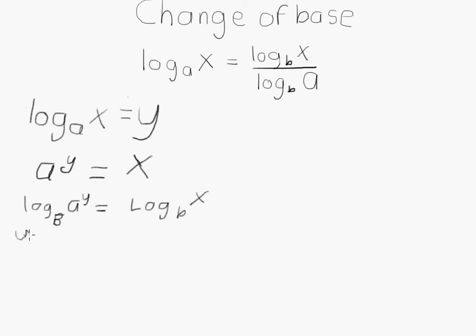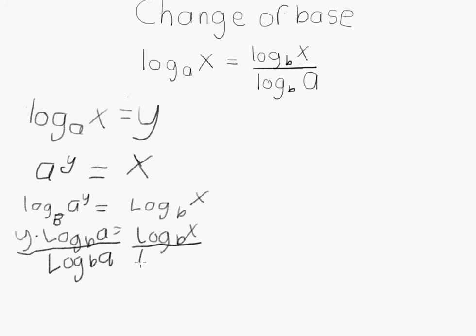So I'm going to bring the y out in the front, and that is y times log base b of a equals log base b of x. I'm having a hard time writing right now. Now when I isolate for y, we can see that it's multiplied by log base b of a, so I'm going to divide by log base b of a.